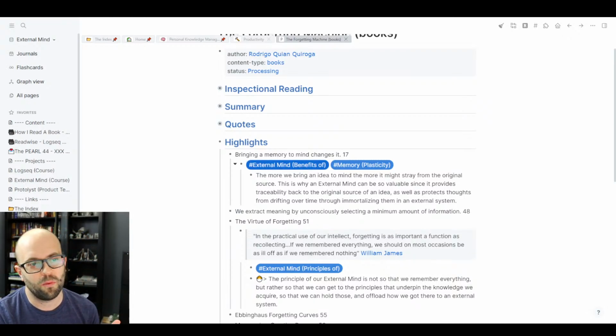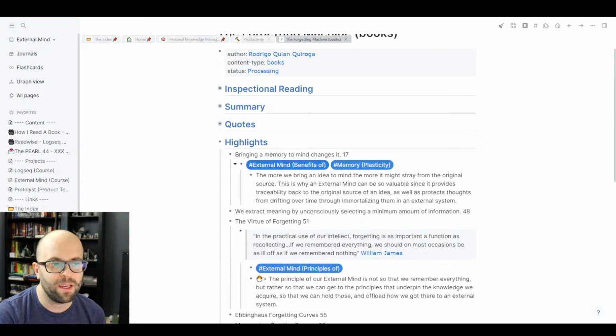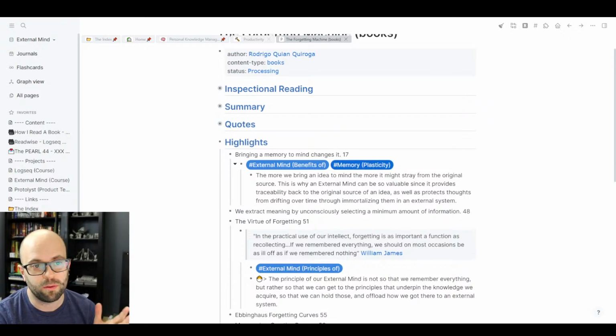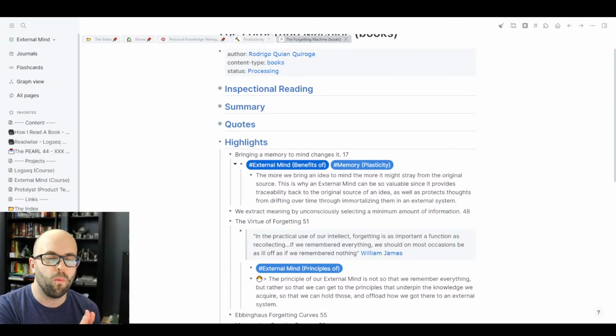That's where I wanted to be able to find this again: when I'm thinking about the benefits of an external mind, versus if I was just thinking about what this is related to. I might have said something like memory and the plasticity of memory, that it's not 100% fixed in stone. So I'm trying to think about when do I want to find this, not what the idea is necessarily about. Those could be two different things sometimes.